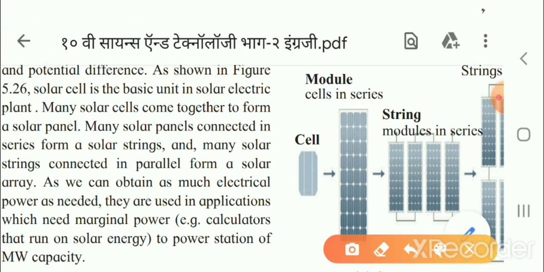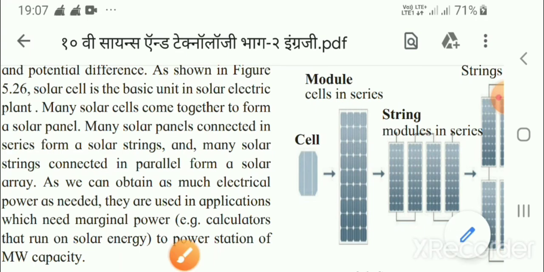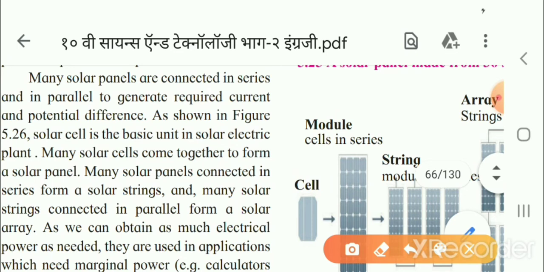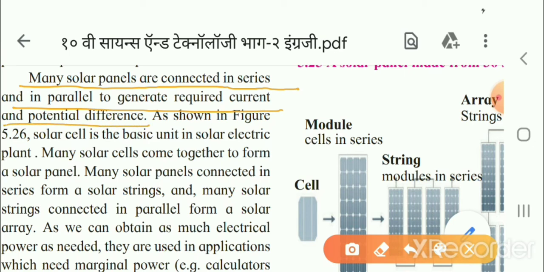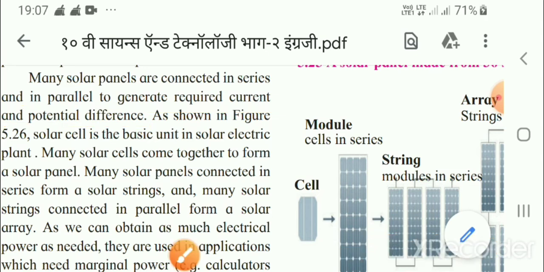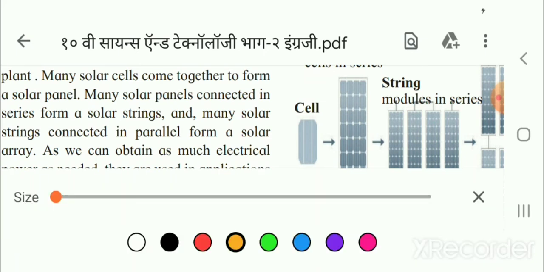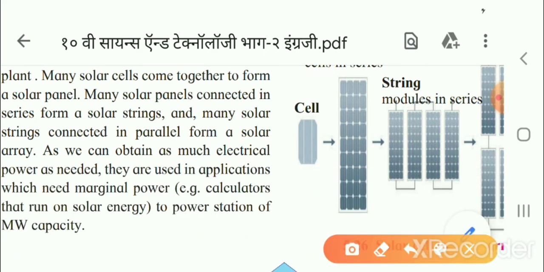So that point we have to keep in mind, that many solar panels are connected in series and parallel to give the required amount of potential difference and electric current.